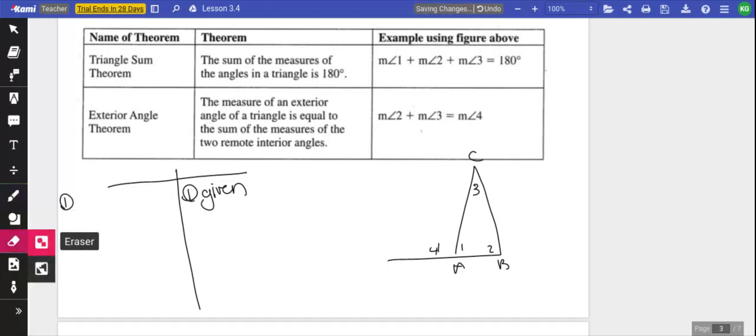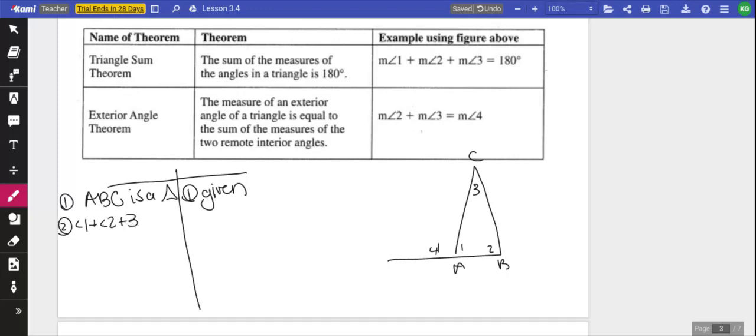ABC is a triangle, given. Then we can use the triangle sum theorem to say angle 1 plus angle 2 plus angle 3 equals 180. Triangle sum theorem.